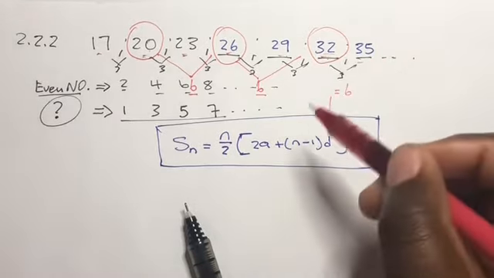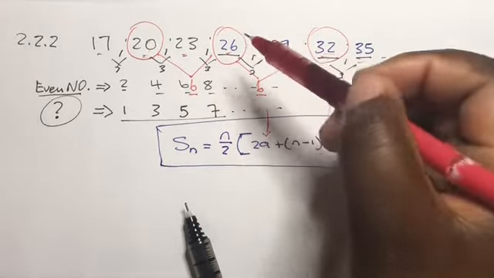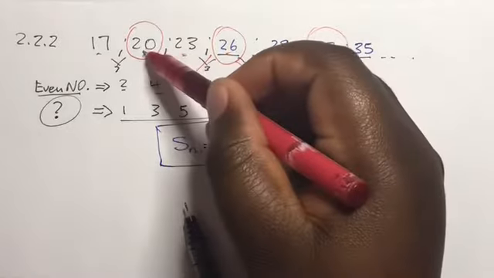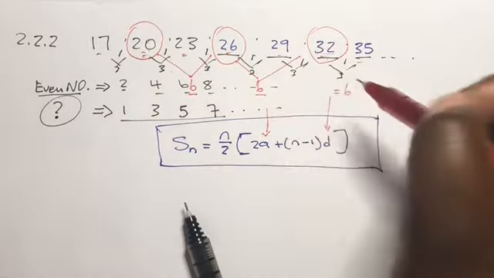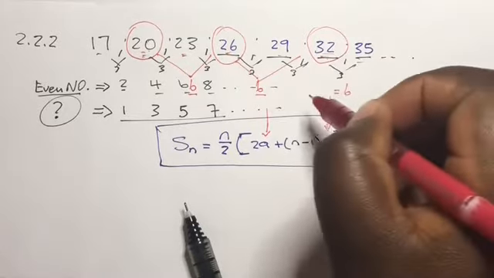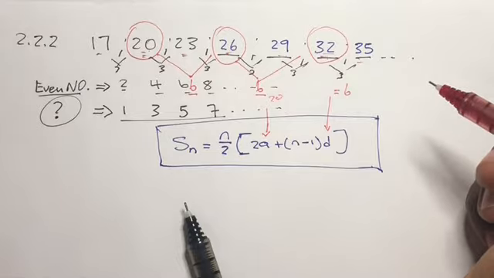So what is our A? We know A refers to the first term of the sequence, which in this case, we're dealing with the even numbers of this sequence. So that means our A is equal to 20.